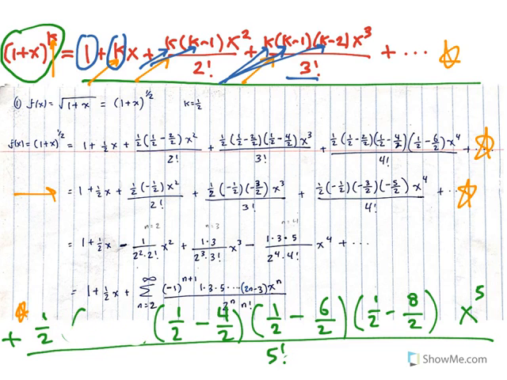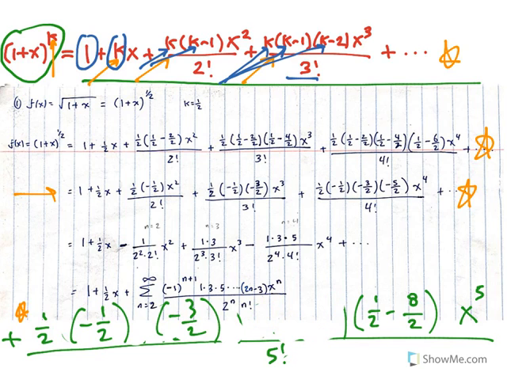So that's what I was missing. And then you have 1/2 minus 4/2 is negative 3/2. And then 1/2 minus 6/2 is negative 5/2. And then 1/2 minus 8/2 is negative 7/2, all times x to the fifth over 5 factorial.